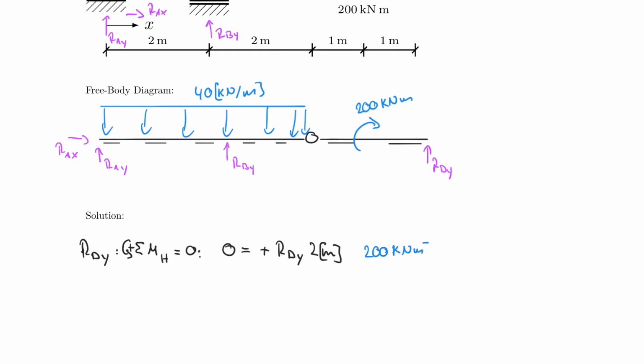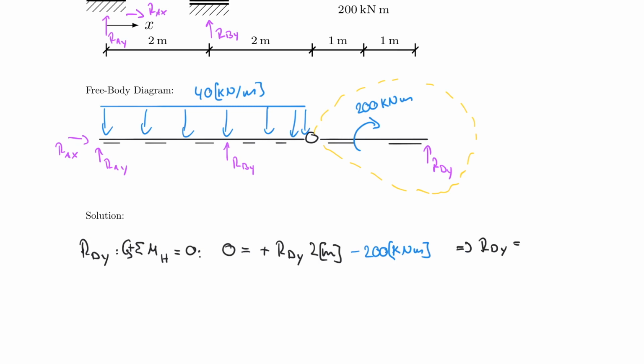Remember we had a lecture about how moments work, and this turns clockwise, so therefore it is negative. And that's actually everything I need to know about this equation that I developed for this subsystem. And so I can now go ahead and solve for RDY.